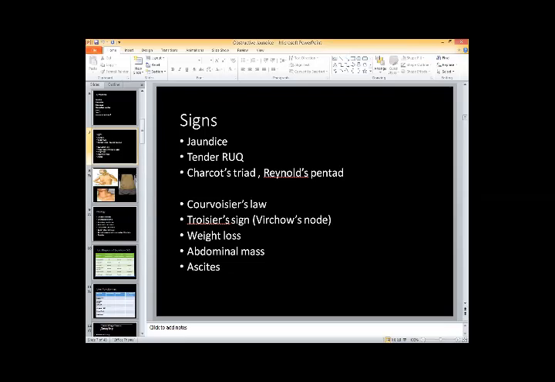So this is Courvoisier's law. That means the cause would be something different than gallstones.